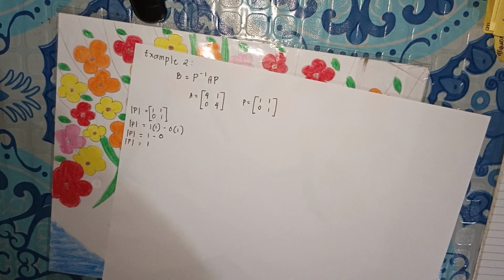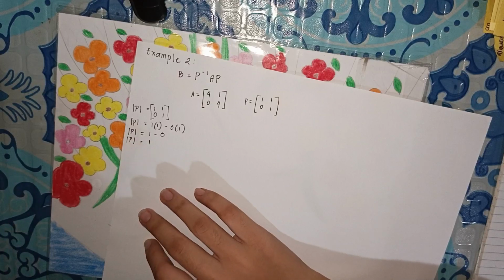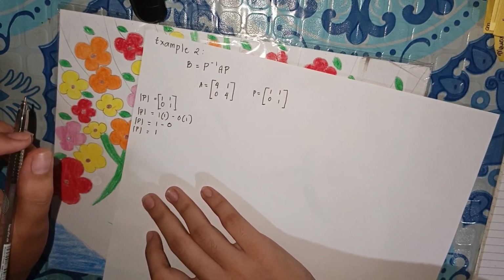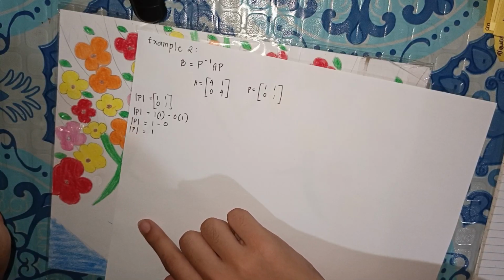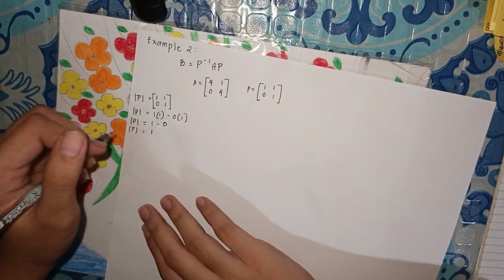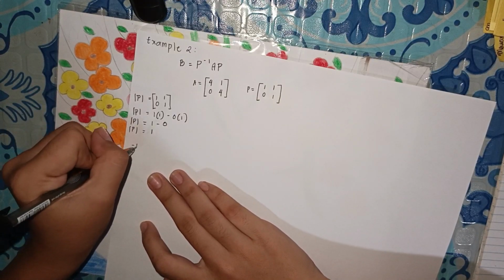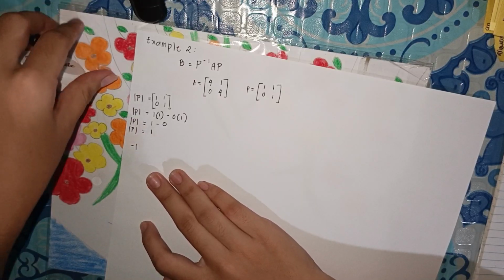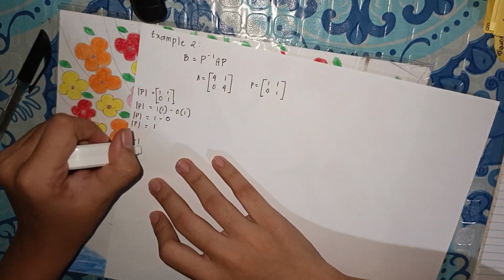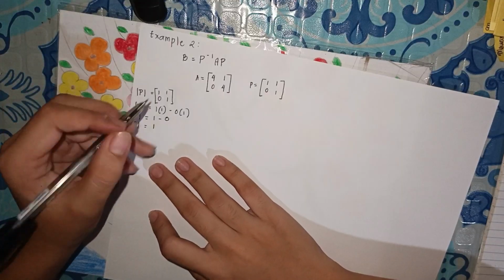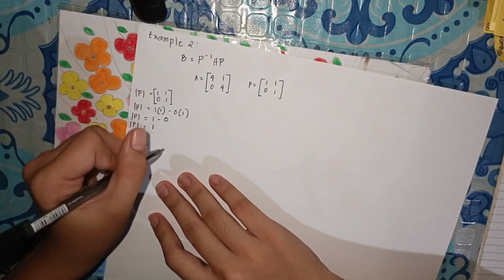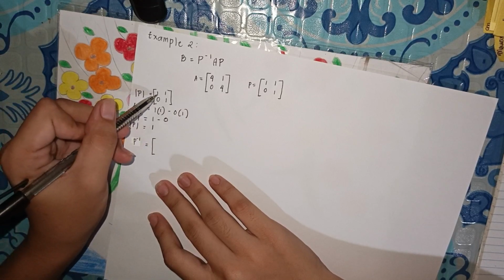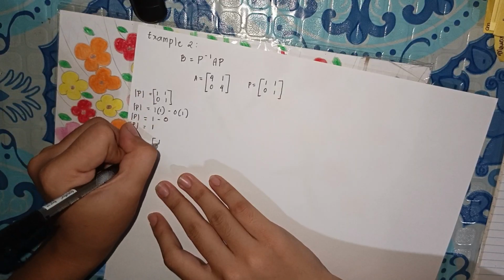After that, let's find the inverse of matrix P. The next thing to do after getting the determinant is to exchange the elements A and D. So, it stays 1 and 1.